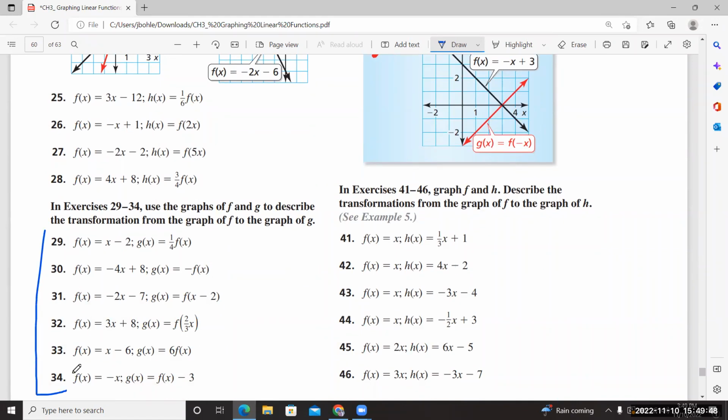Again, these are all just describe the transformation. Translate up, left, right, down, reflect over x-axis, reflect over y-axis, horizontal shrink, horizontal stretch, vertical stretch, vertical shrink. And that's it. Those are the only things that I'm going to ask for you to know.